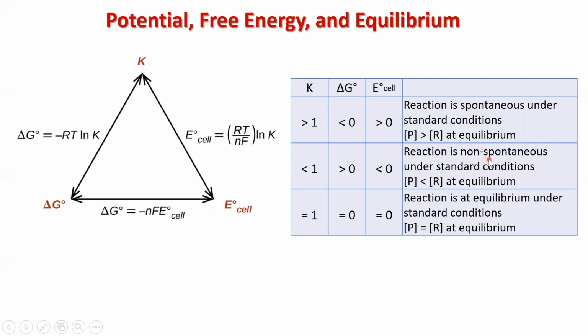A reaction is non-spontaneous if K is less than 1, so reactants are bigger than products. Delta G is a positive value, and our voltage is a negative value. And the reaction is at equilibrium if K equals 1, delta G equals 0, and E equals 0.